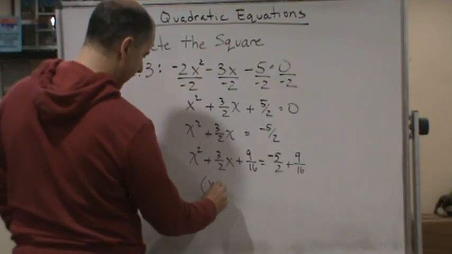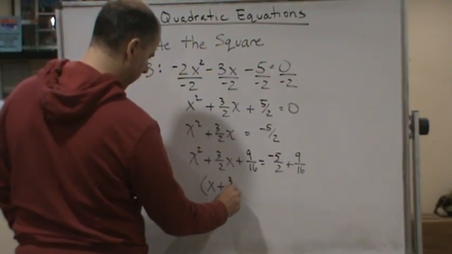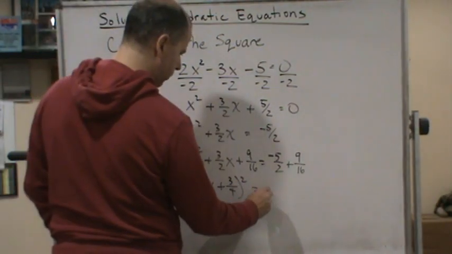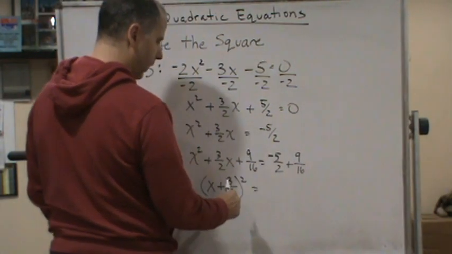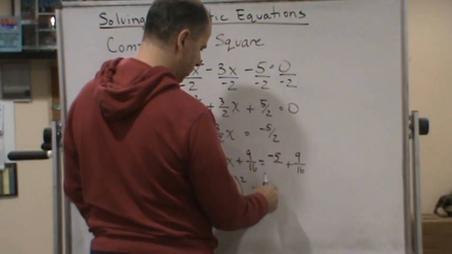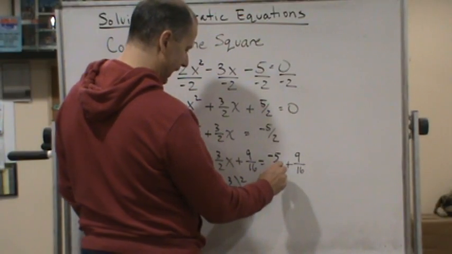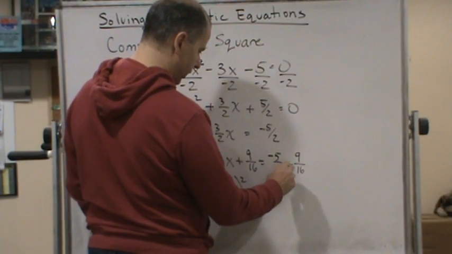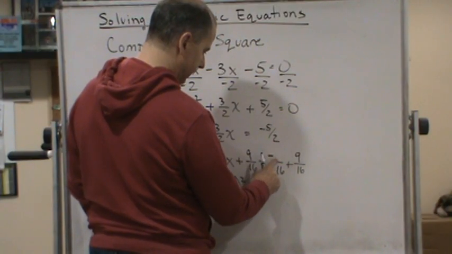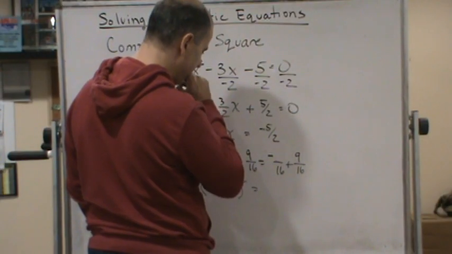So that's going to be x plus 3/4 quantity squared is equal to, now this side here, I'm going to get a common denominator, so I'm going to multiply the top and the bottom by 8. So that'll give me 16ths here, and that'll give me 40.